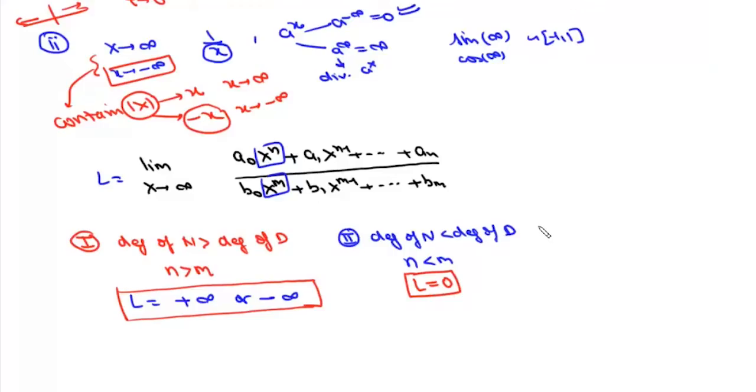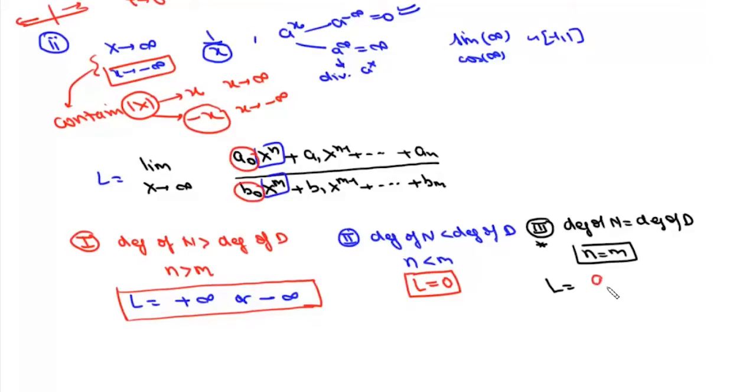And then we have our most important case, which is this third case, when we have degree of numerator equal to degree of denominator. That is, if n is equal to m. In most of these limits questions with rational functions, you'll have this case where degree of numerator is same as degree of denominator. Now in this case, value of this limit will be the ratio of leading coefficients of numerator and denominator.